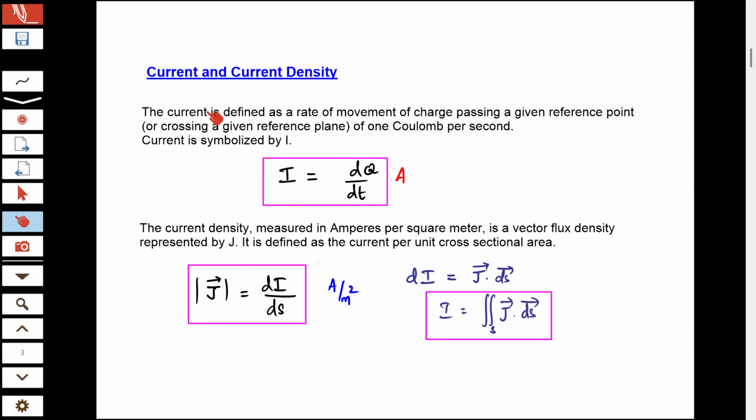In general, we will be giving the definition of current, current density, and then go for defining convection and conduction currents. In general, current can be defined as the rate of movement of charges through a reference point.